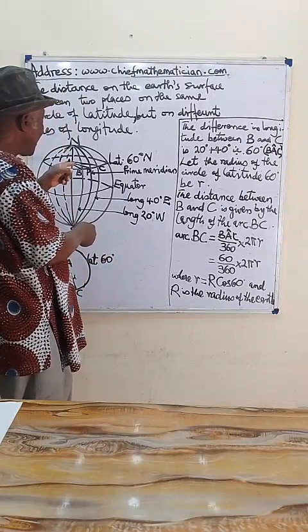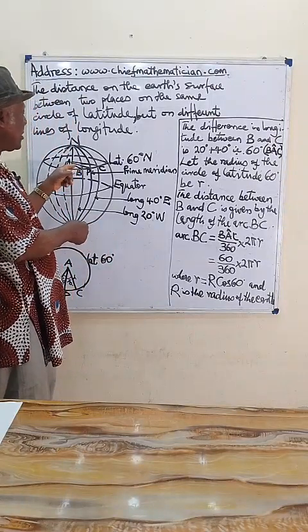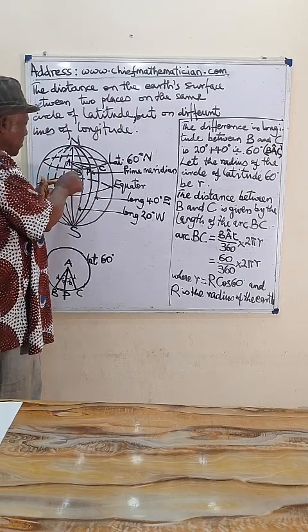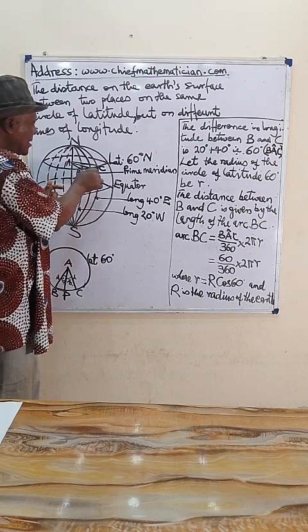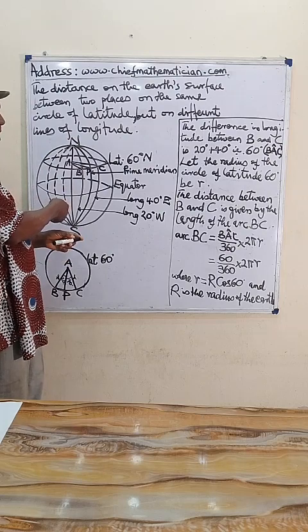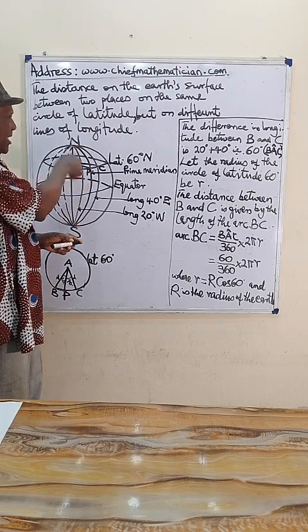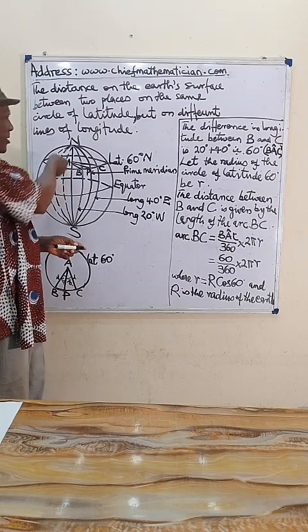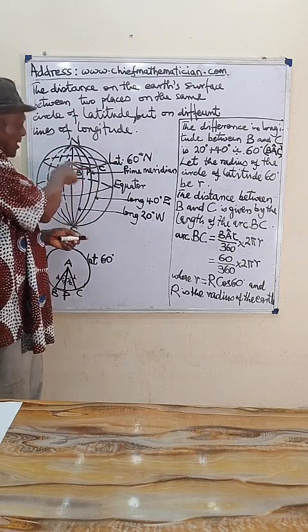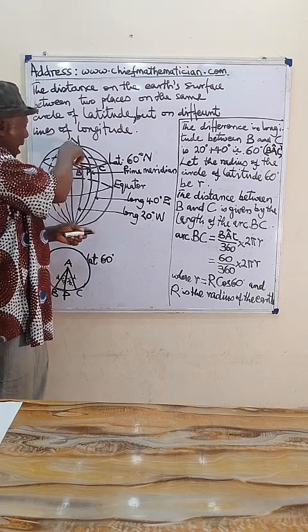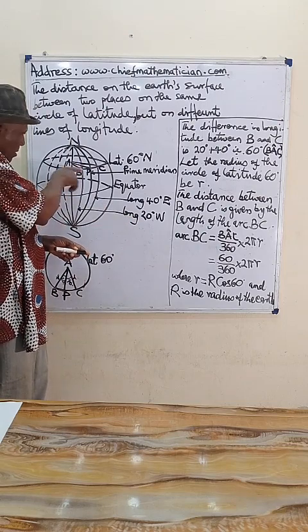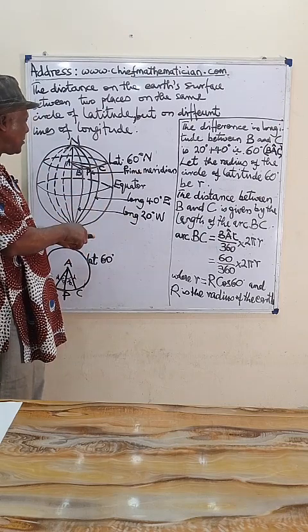Now, if you look at the diagram, you will see very clearly that if we take points like B, P, C to be on the lines of longitude, including the prime meridian, P is at the point where the prime meridian cuts latitude 60 degrees north. B is at the point where longitude 20 degrees west cuts the latitude of 60 degrees.